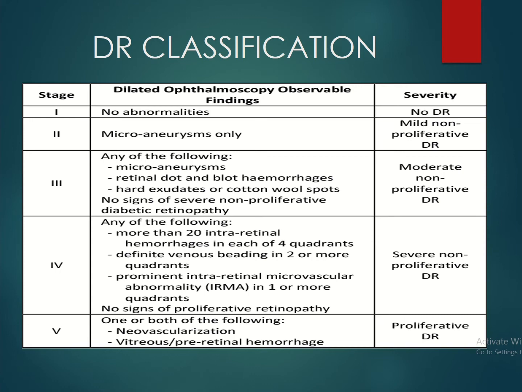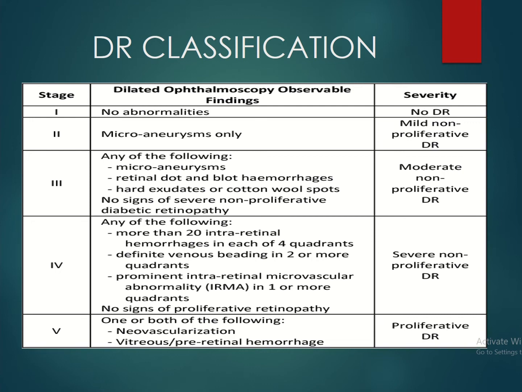And if you have the 4:2:1 rule, that is more than 20 intraretinal hemorrhages in each of the 4 quadrants, a definite venous beading in 2 or more quadrants, and prominent intraretinal microvascular abnormalities in 1 quadrant, then you classify it as severe non-proliferative diabetic retinopathy.